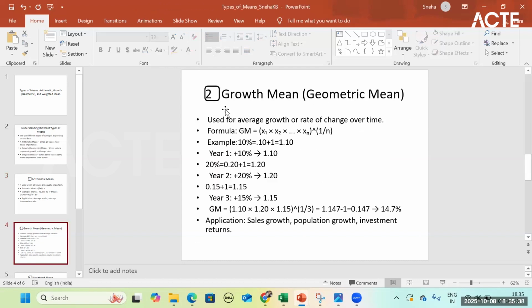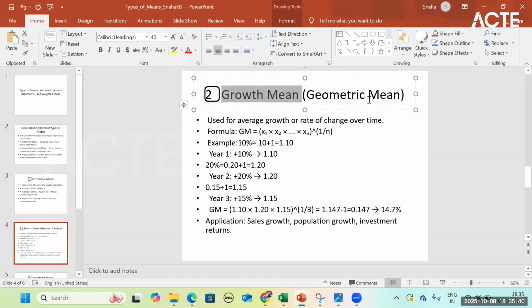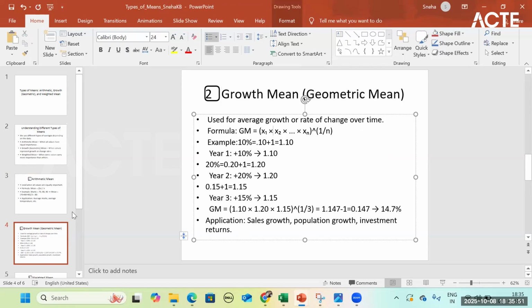And we have something called growth mean, which is the geometric mean. For example, if I say my company has made 10% profit in year 1, 20% profit in year 2, 30% profit in year 3, 40% profit, and so forth.